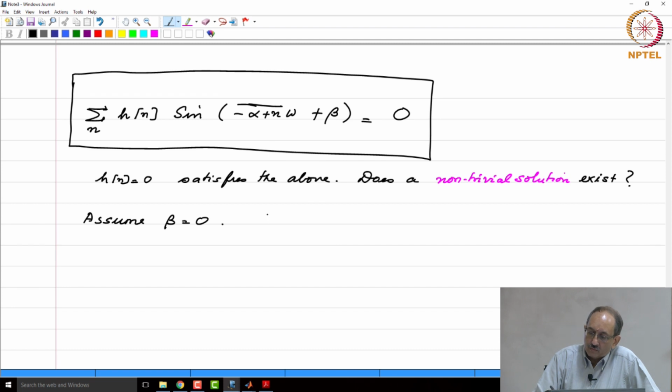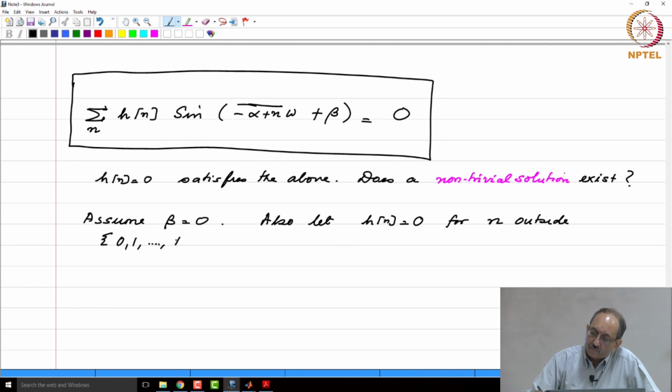Okay. So, also let h of n equal 0 for n outside this set, and hence you are finally left with this problem that you are going to solve: the sum over n going from 0 to capital N minus 1 of h of n sin of minus alpha plus n omega equal to 0.